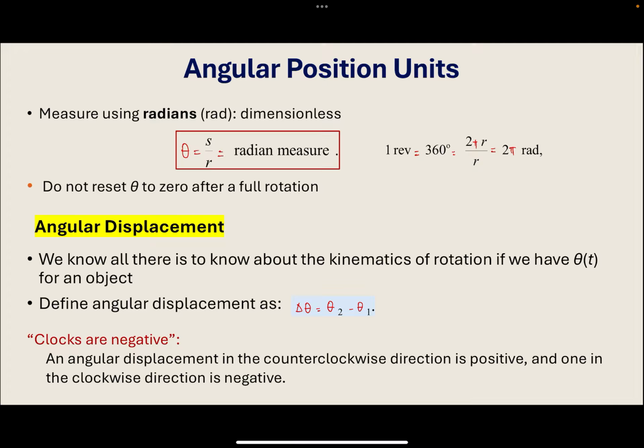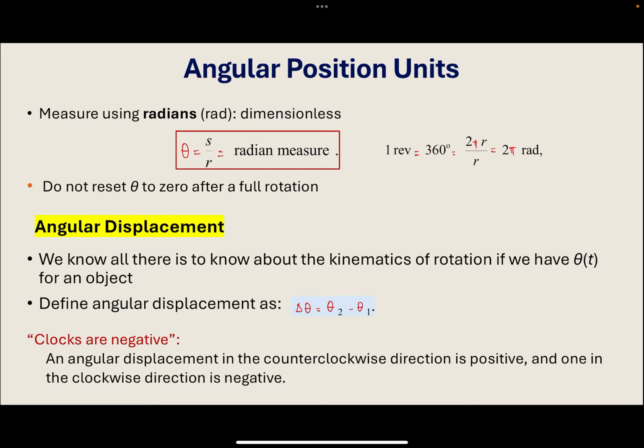A radian is defined as the angle subtended when the arc length s is equal to the radius r. Mathematically, we have theta equals s per r. Since both s and r are measured in meters, radians are dimensionless. They are just a ratio.